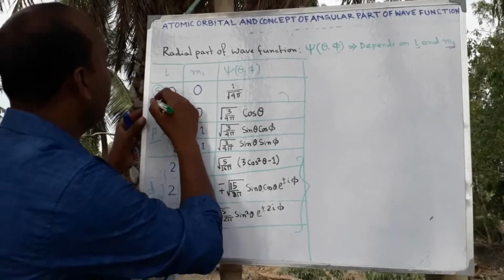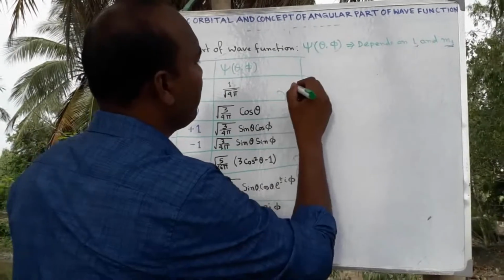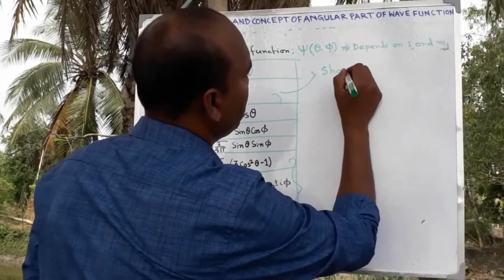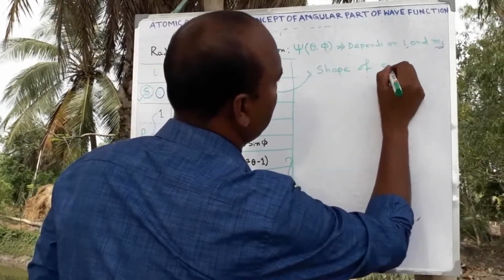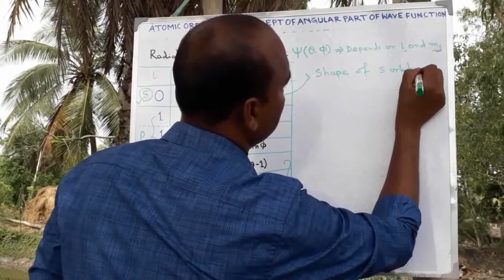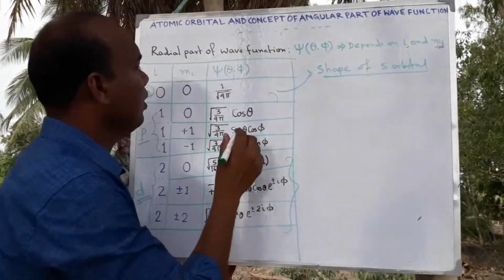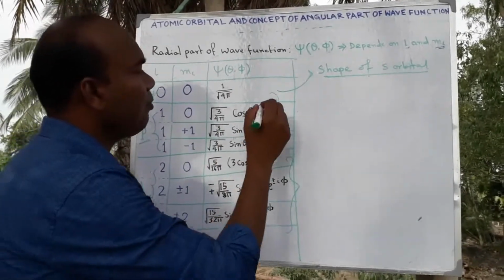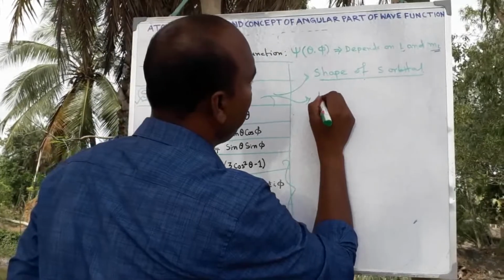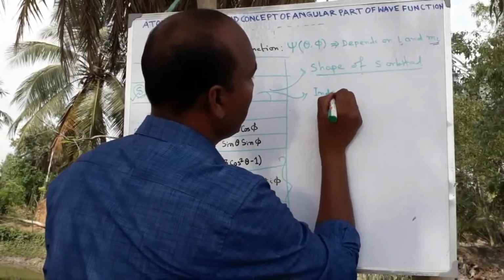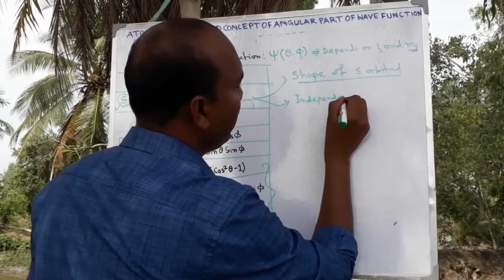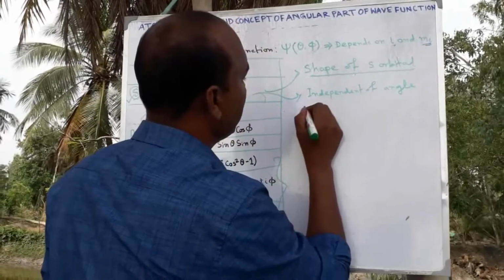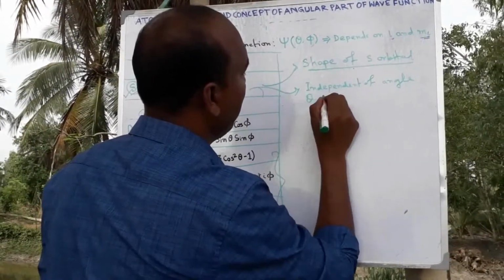Suppose the case for s orbital. You see here, you just want to visualize the shape of s orbital. You see, this expression is a constant term, and this term is independent of angle theta and phi.